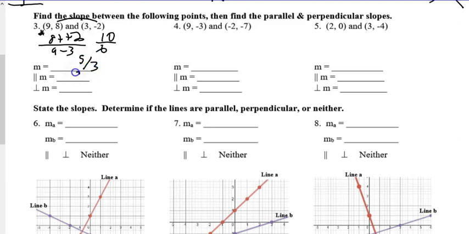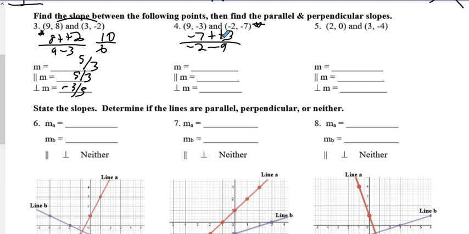The parallel line will also be 5/3. And the perpendicular will be opposite and then flipped, negative 3/5. It doesn't matter where you put the negative, top or bottom. All right, I'm going to start with this one this time. Negative 7 minus negative 3, y is on top. On the bottom, negative 2 minus 9.